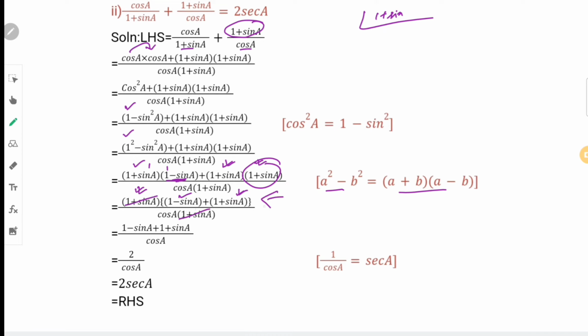So here we'll be opening the bracket. I have 1 minus sine a, open the bracket, I have 1 plus sine a. From here, minus sine a plus sine a cancel, and this 1 plus 1, we're going to have 2. So we're having what? 2 by cos a, right? But 1 by cos a can also be written as sec a. So simplifying, we get 2 times sec a, which is the right hand side we're trying to get.